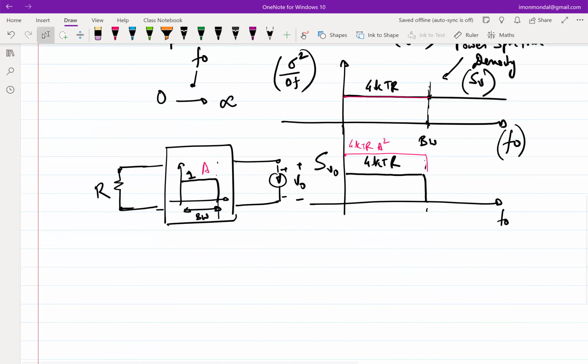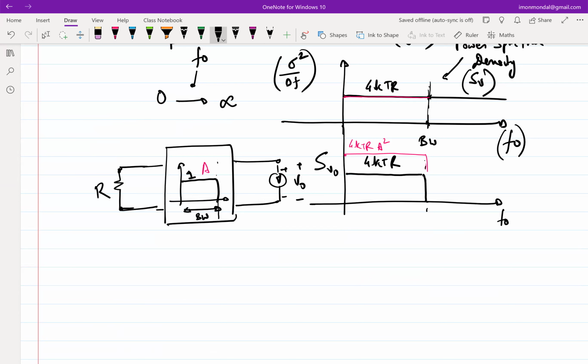So if I say, what is the combined power over bandwidth BW, what will be the total observed power? In this case, it will be 4 kTr times bandwidth, right? Because it's flat, I don't have to integrate. If it has a profile, I have to integrate.